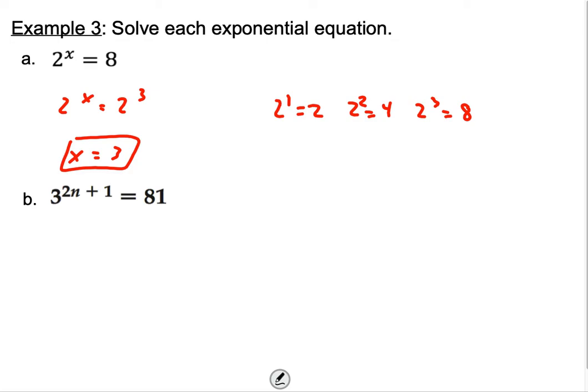Let's try: 3 to the first, 3 to the second, 3 to the third, and so on. You can see that 3 to the fourth does give us 81. So I'm going to rewrite that 81 as 3 to the fourth power.